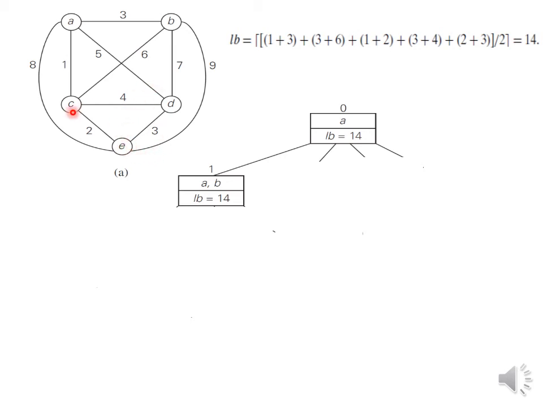No problem for C, D and E, because we have not selected any edges that connect to C, D and E. So the first two terms for A as well as B, we need to consider the edges which are already in the path. So 3 plus 1 plus 3 plus 6 plus 1 plus 2 plus 3 plus 4 plus for E it is 2 plus 3, divided by 2, that is lower bound nothing but 14.